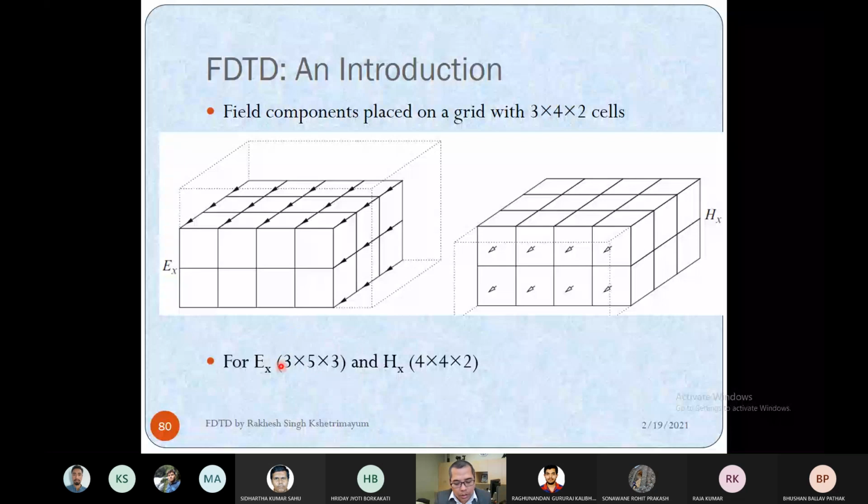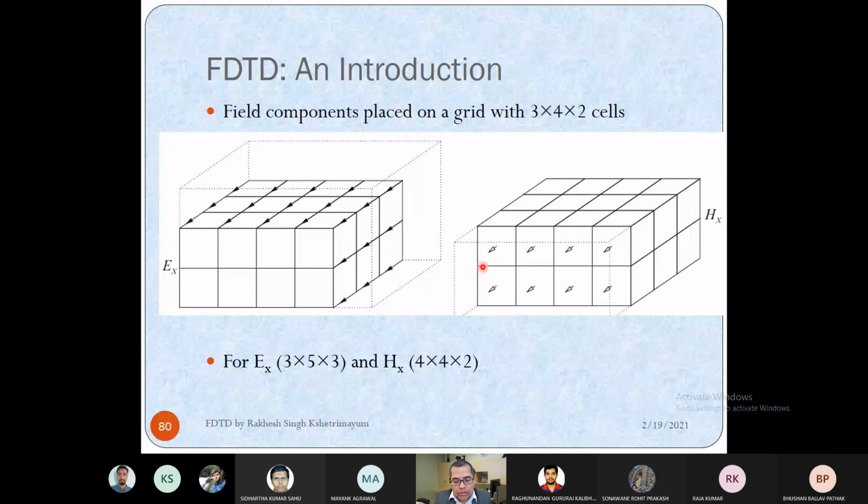Similarly, if you want to find Hx, then Hx is at the faces of the cube, which are in the YZ plane. X is along this direction, so the vector would be directed along this x. We are calculating it at the center of the faces which are in the YZ plane.